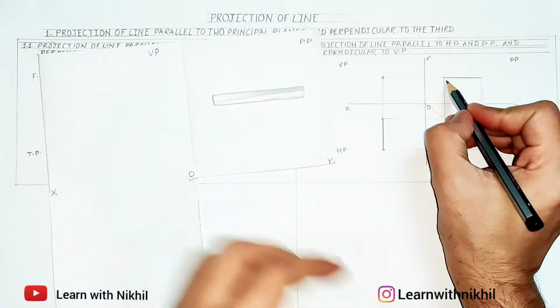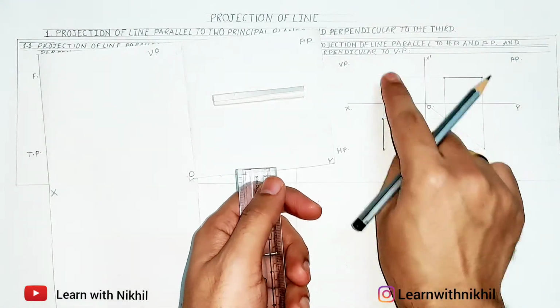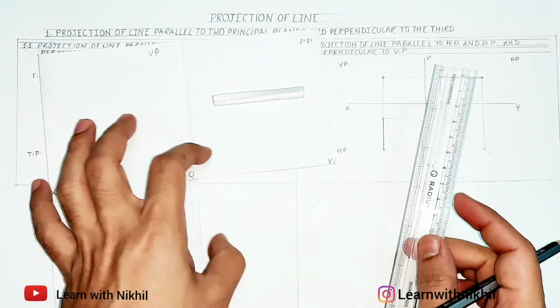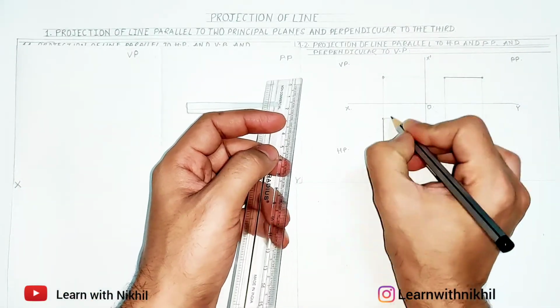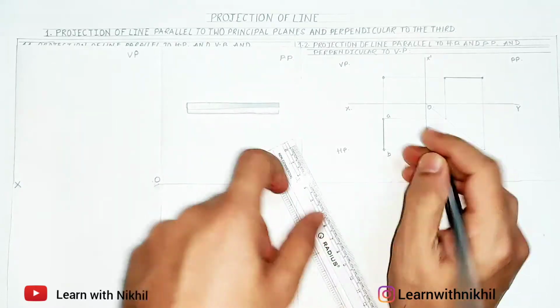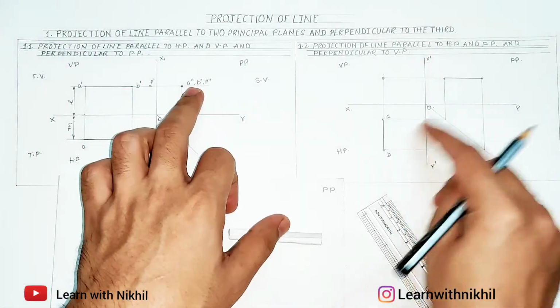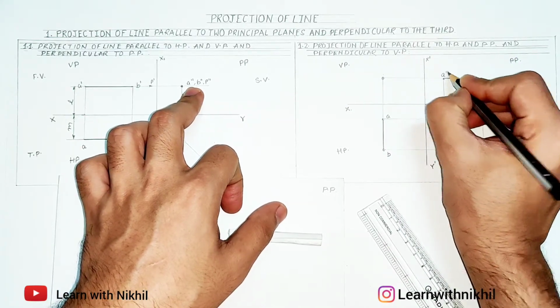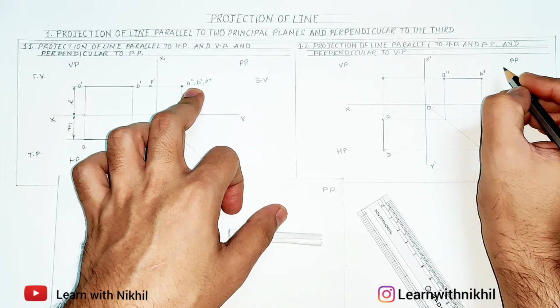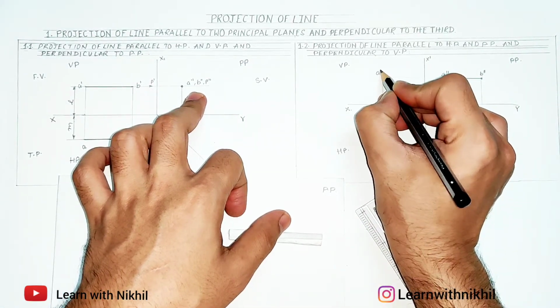So this is how the projection of line will look when it is parallel to HP and PP and perpendicular to VP. Now denoting the points, always in HP will mark AB. Always in side view will mark A double dash, B double dash, and in vertical plane will mark A dash, B dash.